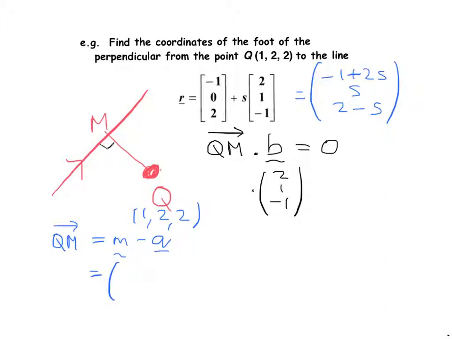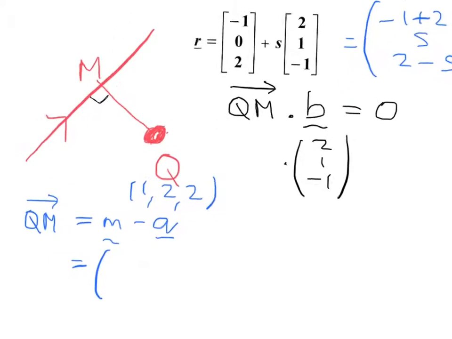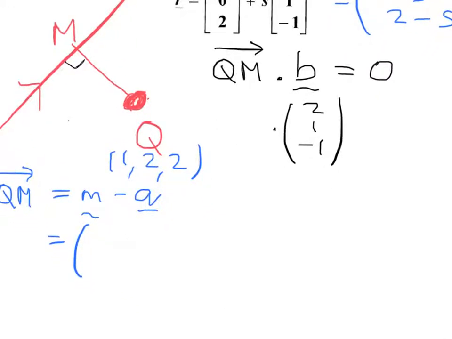So the position vector of M is -1 plus 2s, s for the y coordinate, and 2 minus s.